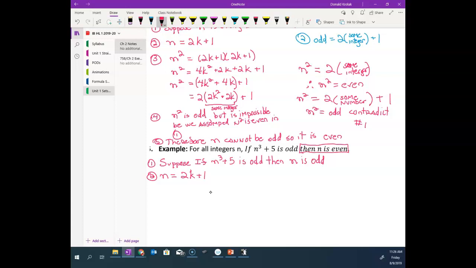Right, right. So here's your strategy. Your game plan here to use a proof by contradiction is to substitute 2k plus 1 into n cubed plus 5 and show that it is even.